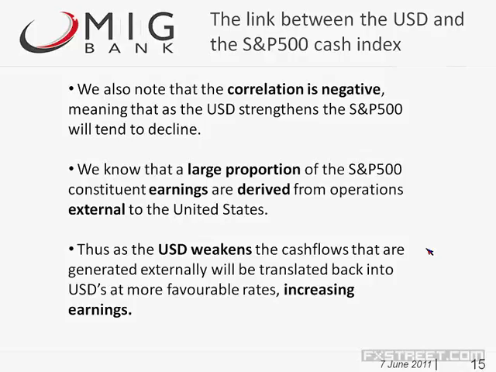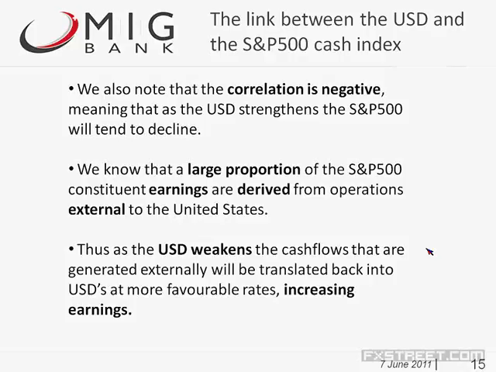Now, we know that a large proportion of the S&P 500's earnings are derived externally to the United States. Companies like Caterpillar, Hewlett-Packard, etc., are going to get large proportions of their income from outside the United States.